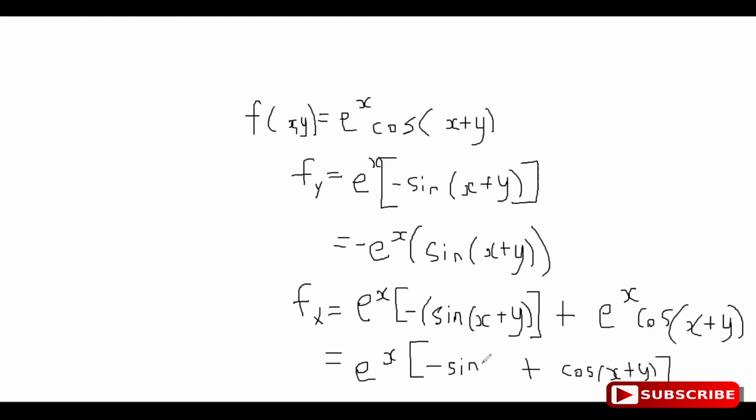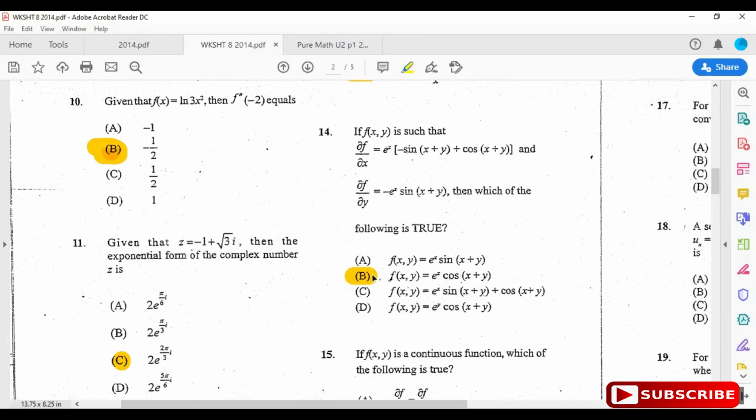But once you find that one partial derivative is true, more than likely both partial derivatives are going to be true. So remember, this is the MCQ and you want to maximize the time. So it's not necessary to prove both. Here it is, minus sine plus cosine. It is B.